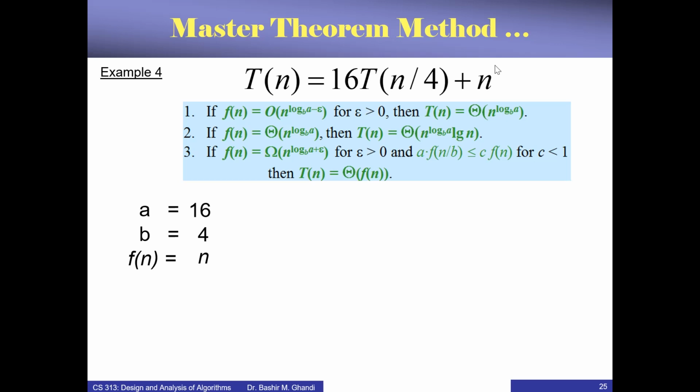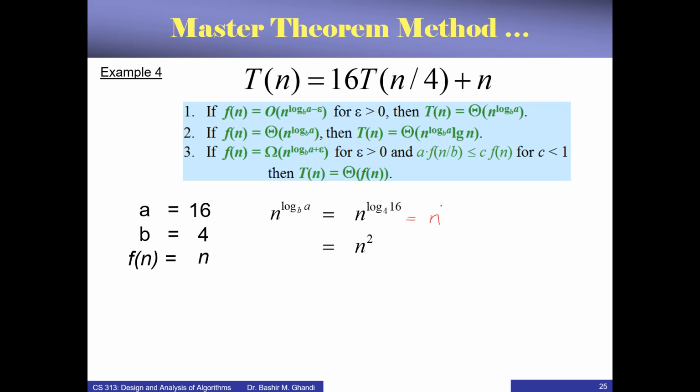So the next question is, what is n to power log of a to base b? It is basically going to be n to power log of 16 to base 4. Remember, a we just said is 16, and b is 4.